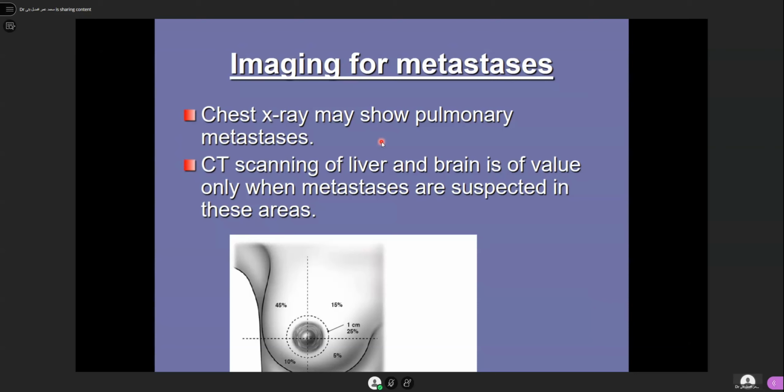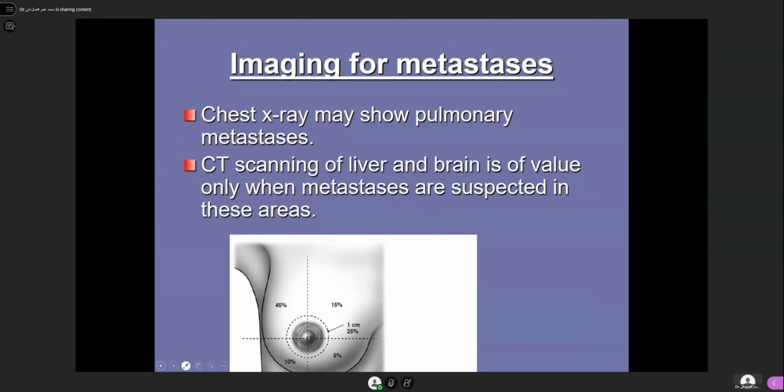These four are the most common sites: lung, liver, bone, and brain. Whenever we diagnose breast cancer, we always screen the patient for metastasis. Chest X-ray may show pulmonary metastasis. CT scan of the liver and the brain is of value when metastases are suspected in these areas.